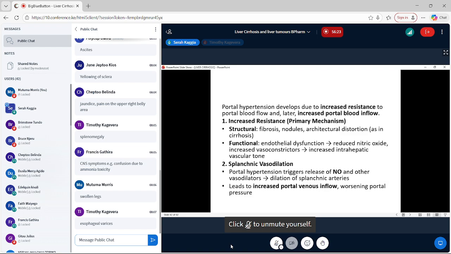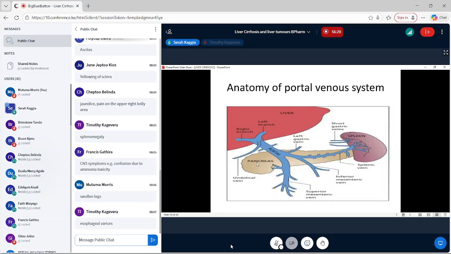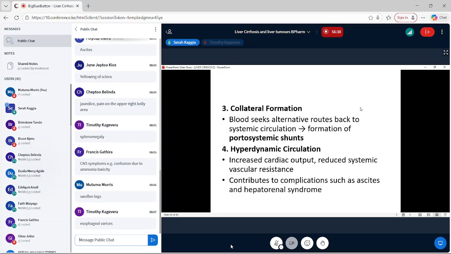So I was talking about this splanchnic vasodilation. So more blood now is coming in, and there's resistance. Okay, so there's an increased portal venous flow. This is what we were saying. There's increased resistance and there's an increased portal blood inflow. Then collaterals now form. Like I said about a river, they look for tributaries.